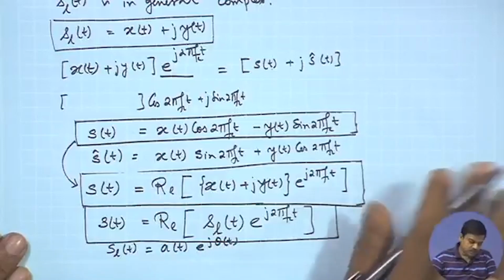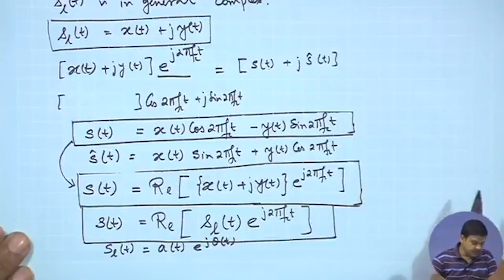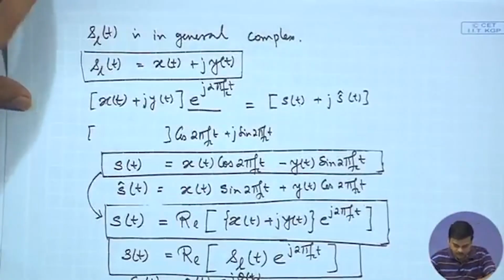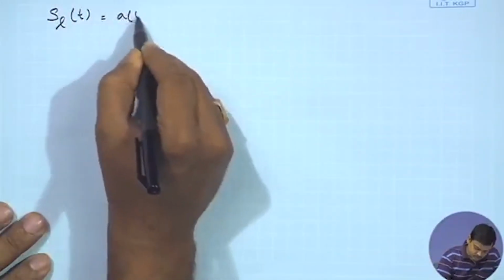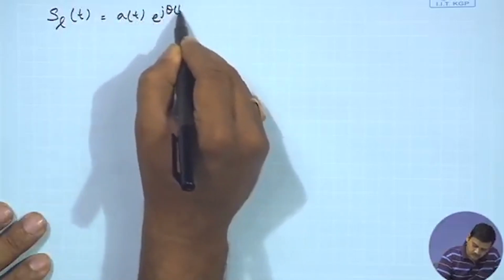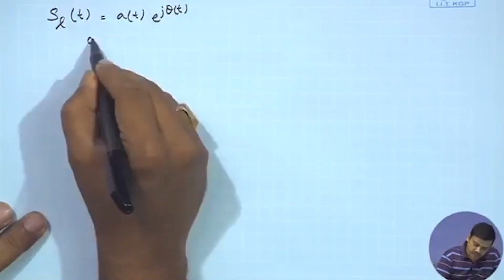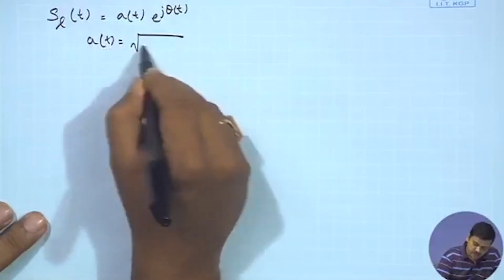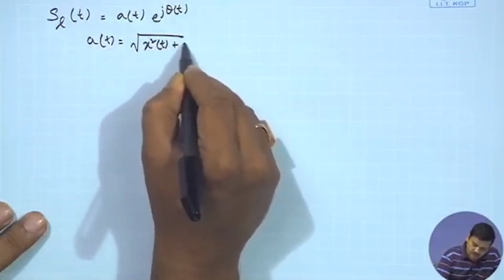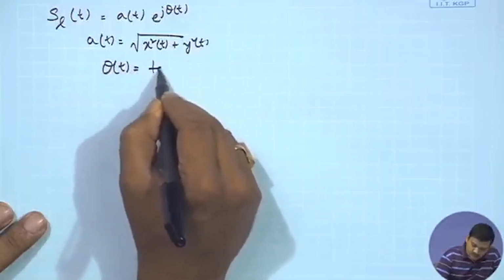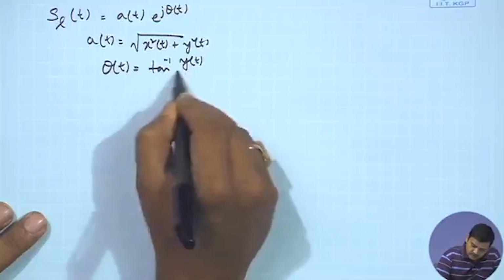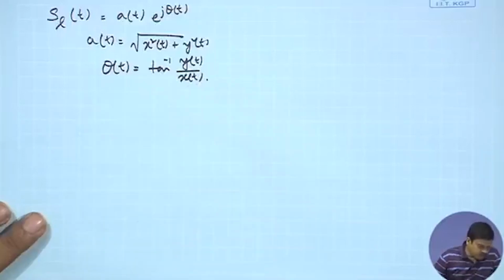In that case, one could say A t, a well known result, is equal to the square root of x squared t plus y squared t, and theta t is equal to tan inverse of y t upon x t.